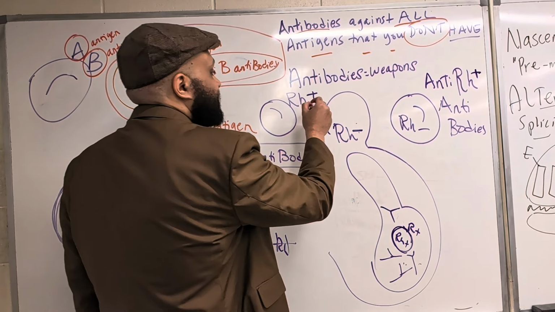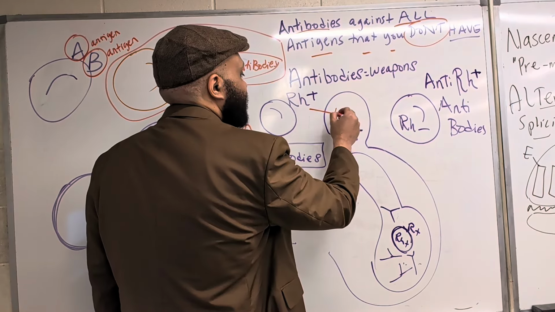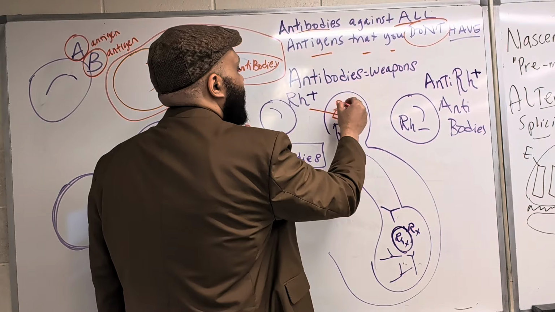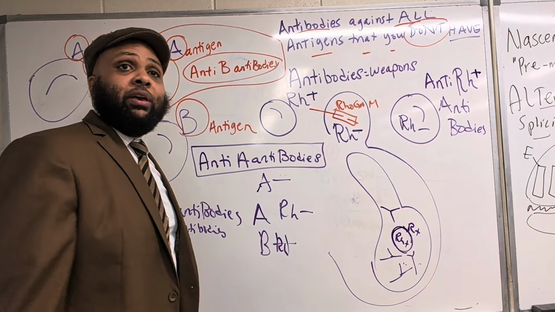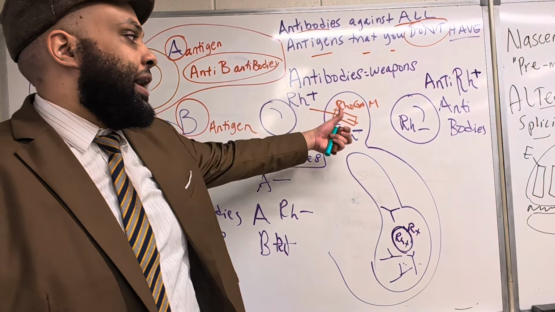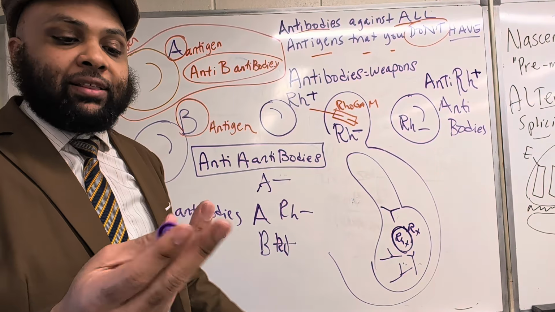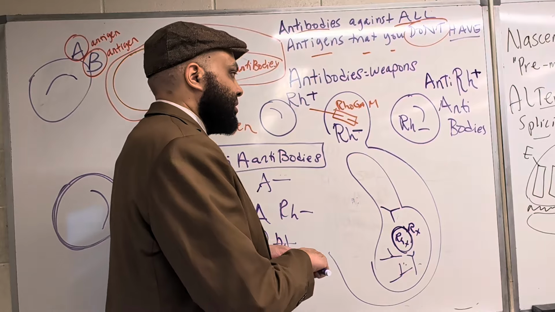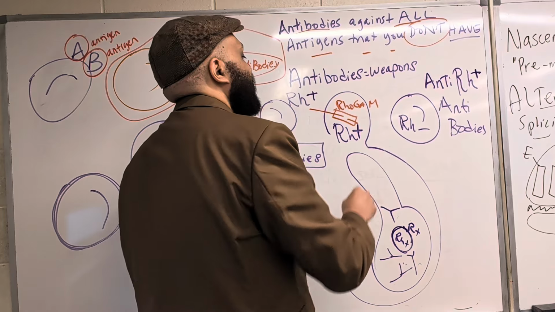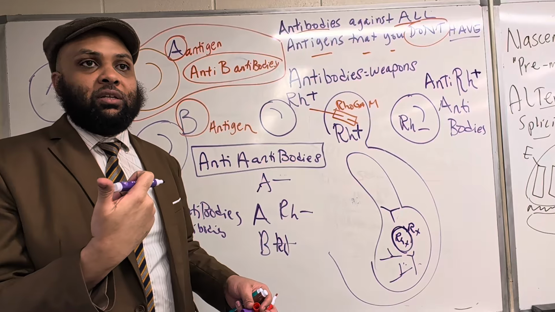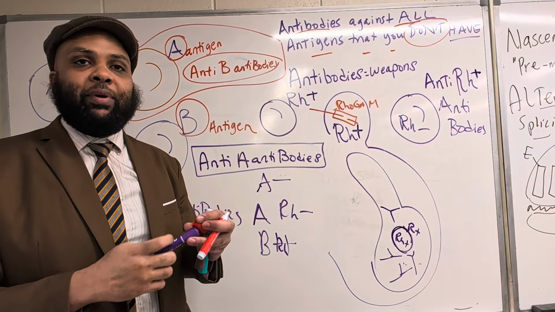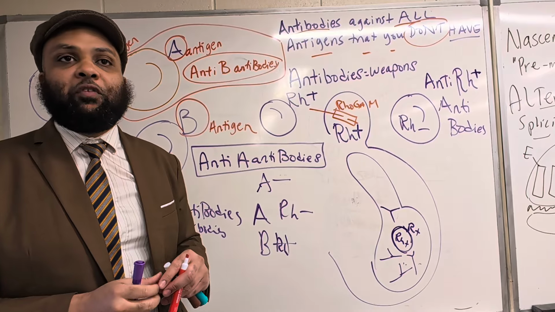So that's why you reminded me. Every RH minus mom, we give her a shot of RhoGAM. Are you following me? We give her a shot of RhoGAM, and the RhoGAM is going to make the mom RH positive. So now, forever, when you give the mom RhoGAM, she's going to be RH positive forever.